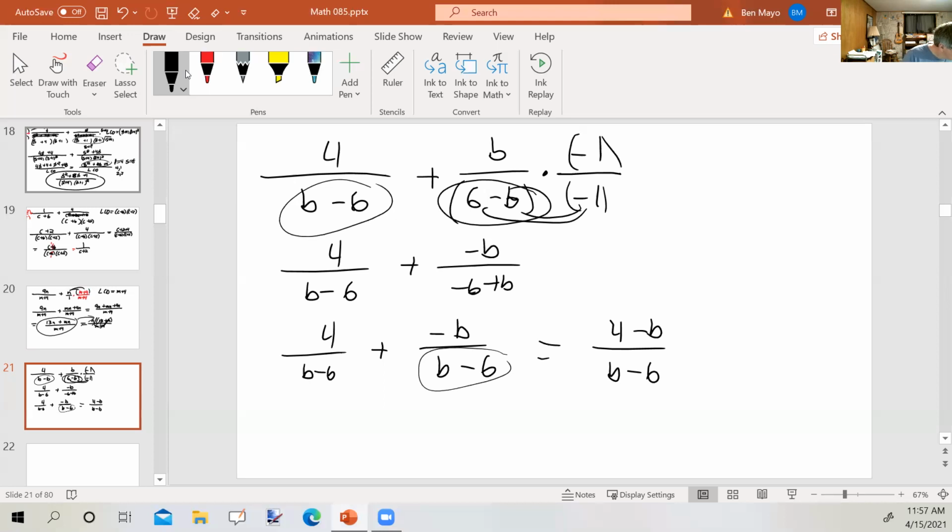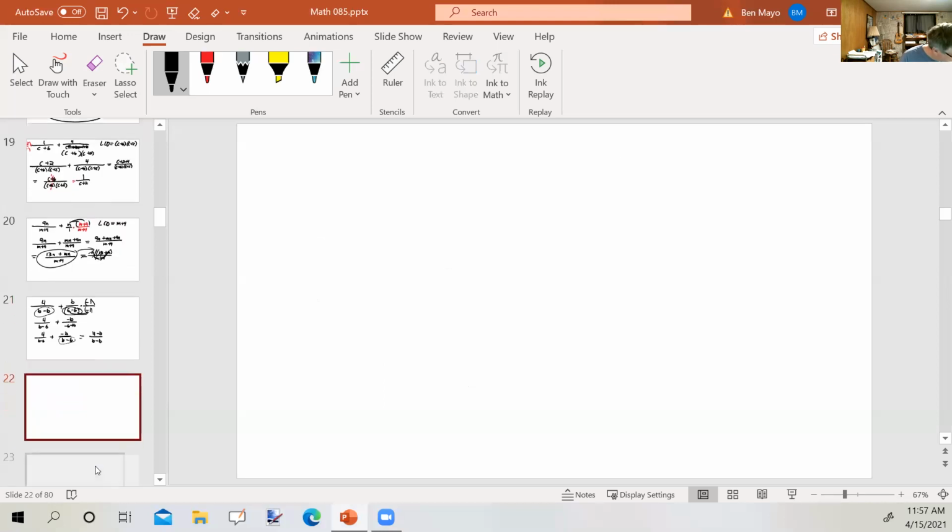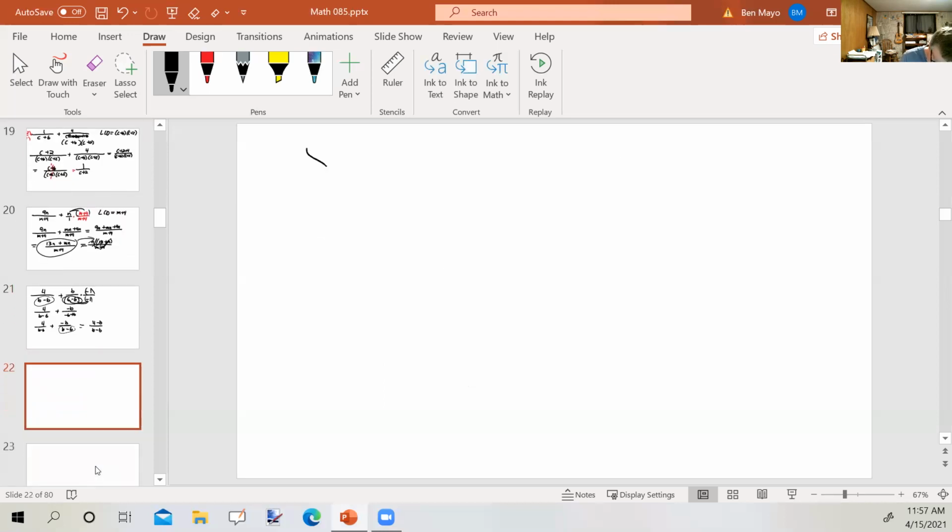Let's take a look at this one. x over x plus 1 plus x minus 1 over x. Be careful, because as we talked about before, this x is not a factor, whereas this one is.